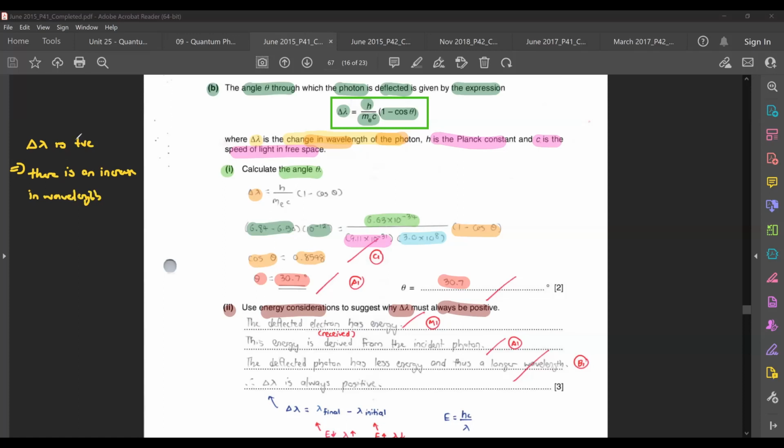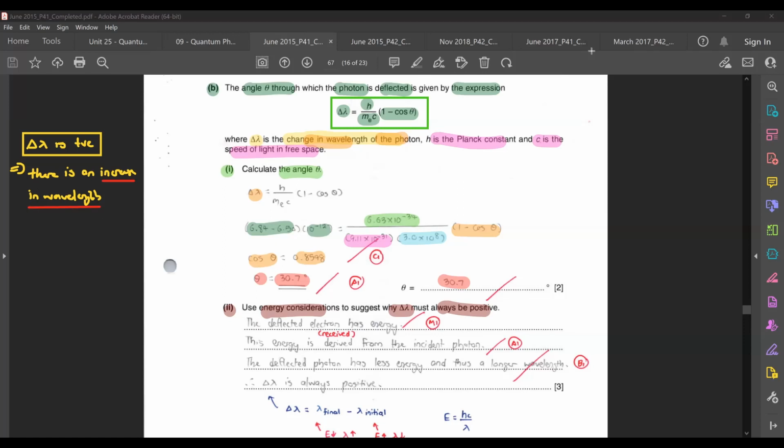When they told you your delta lambda here is positive, your change in wavelength is positive, that means it's an increase in your wavelength. You're trying to explain right now why there is an increase in wavelength in the first place.